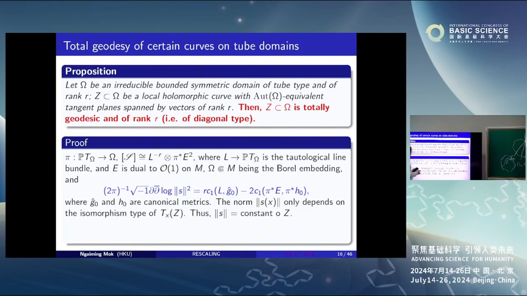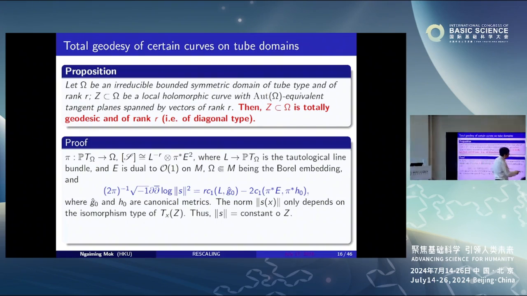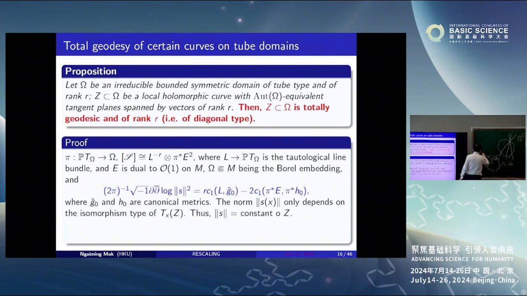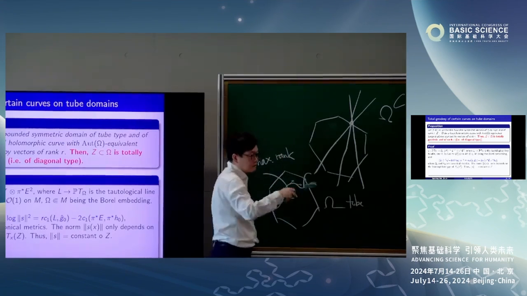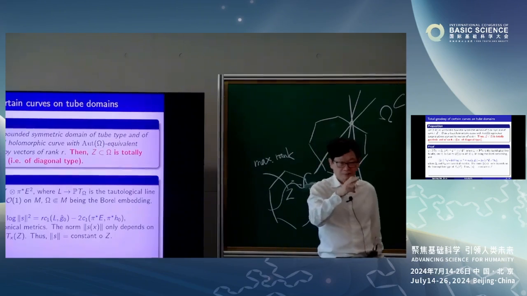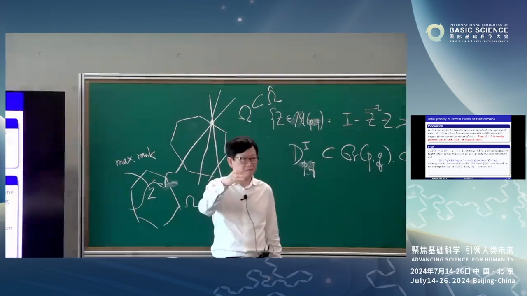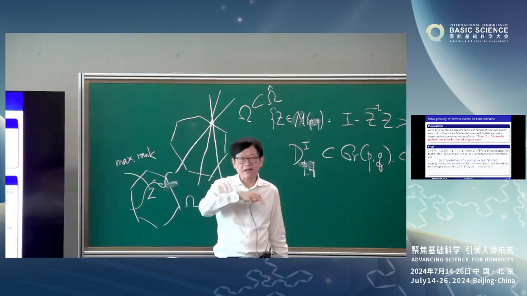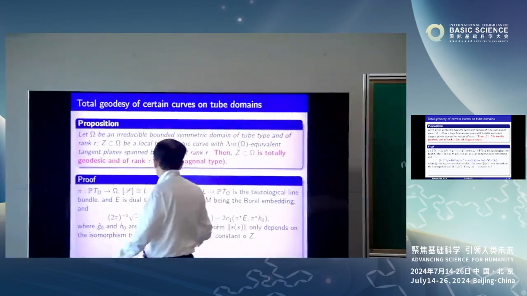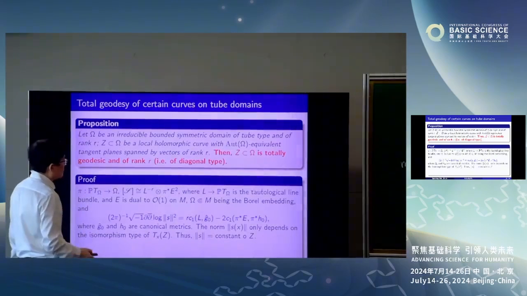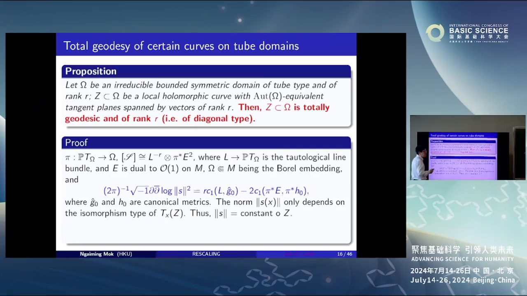The reduction of this to the tube domain case, and this is not just a tube domain, you have to have this as maximal rank. Because in the polydisk of dimension R, there are different geodesics. The maximal one means the diagonal. The reduction is done by an integrability problem.